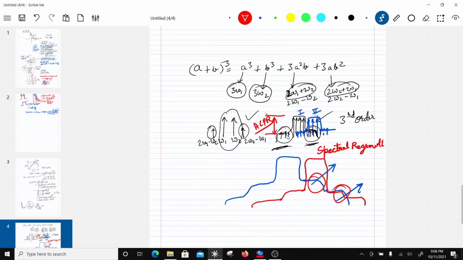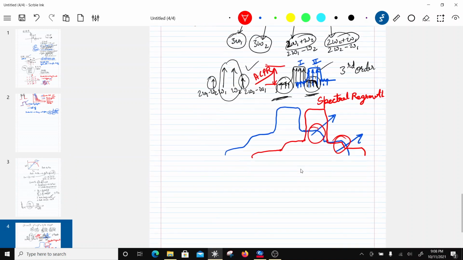Now let's see this in terms of two-tone. This is a multi-tone case, so this is a continuous spectrum. In two-tone, these are called IP3 or IM3 components, right?